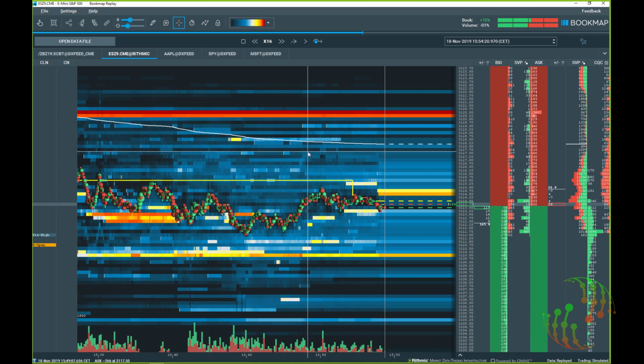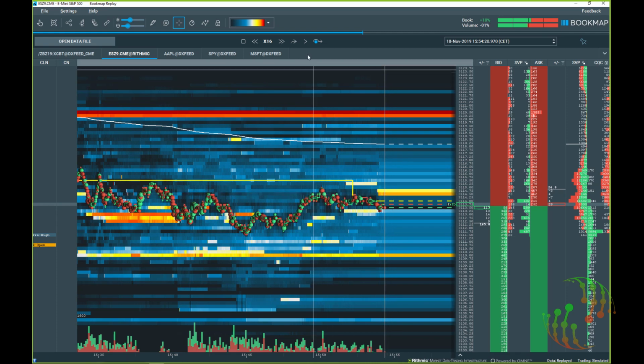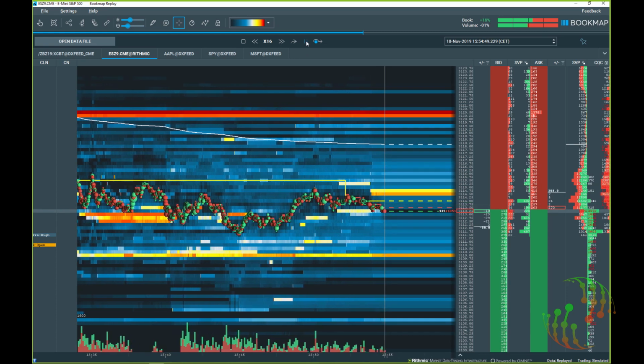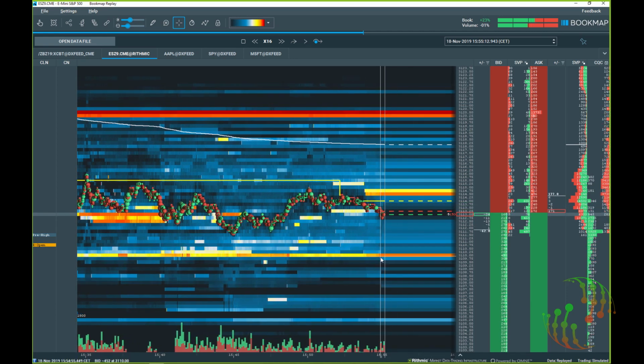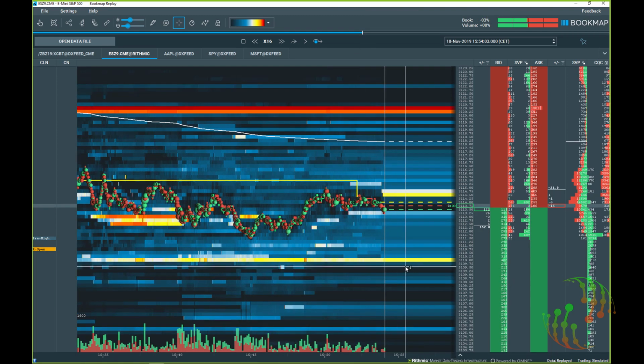What is happening now in terms of liquidity? They're trying to push price down now. Yes. Short-term liquidity down. Yes. And have you seen that? Just let me jump back a little bit.